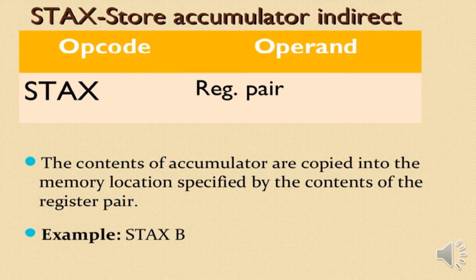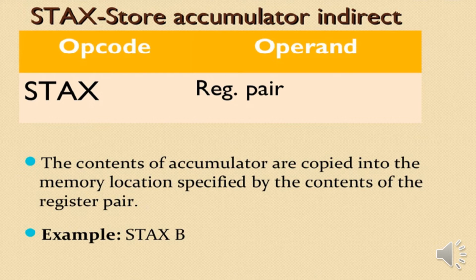Next is STAX, store accumulator indirectly. STA stores the accumulator content directly into a memory location, but here we store it by the indirect method. STAX is the opcode and the operand is a register pair. The memory address is pointed to by the BC or DE register pair.